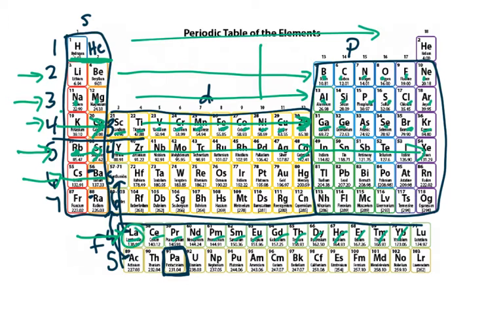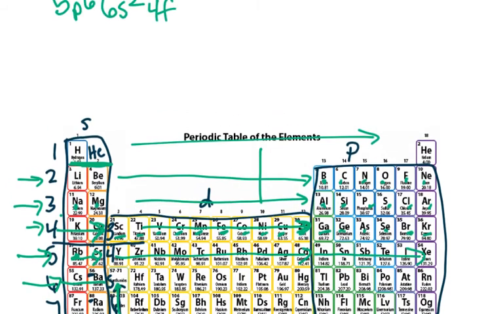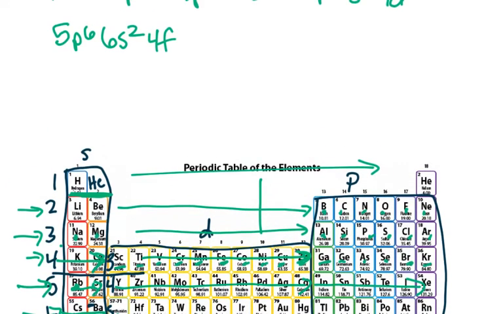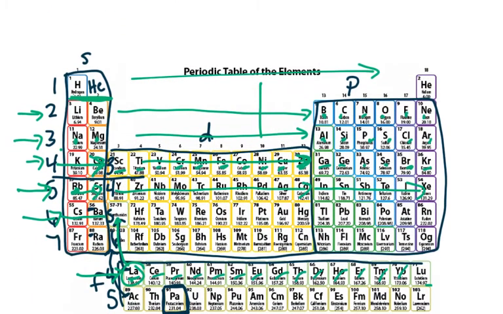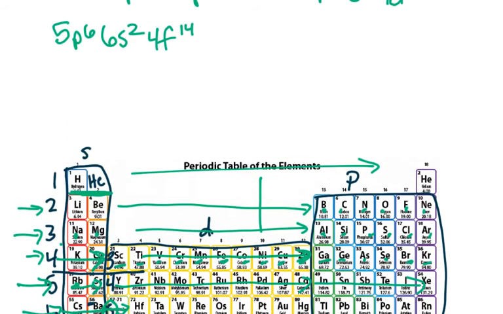Actually, this one is right there. If you were to land on it, you would call it d1 instead of f1, but there are only 14. So, whoopsie, this is just a weird periodic table where it didn't stick it in there. 14, and then I go back up to here, and I'm at 5, which was right here, 5d.